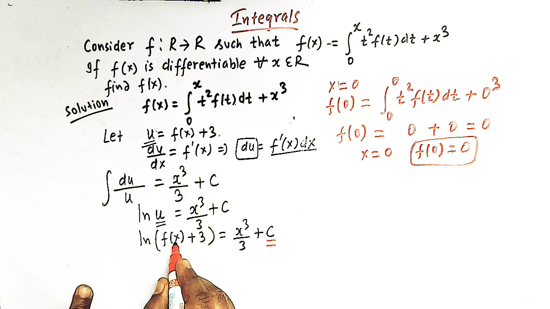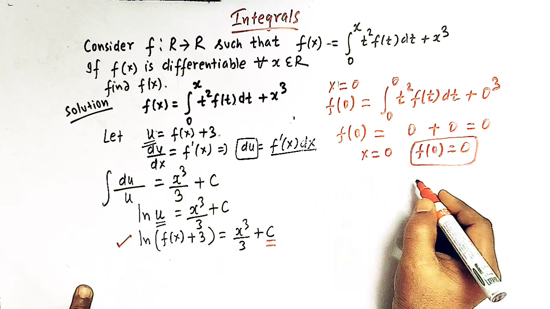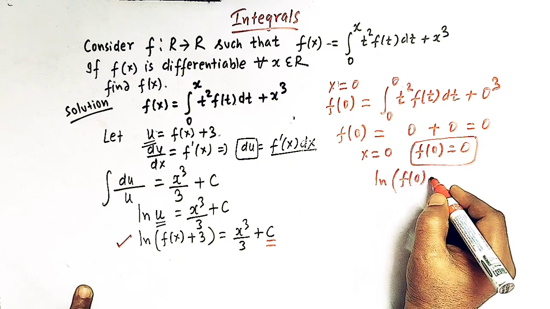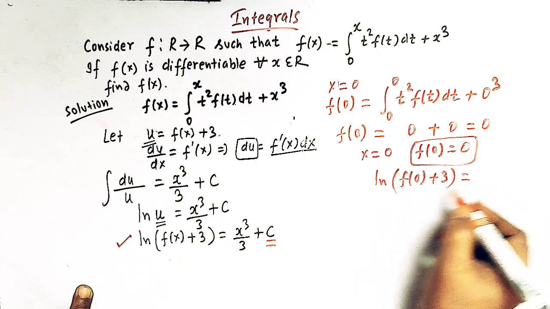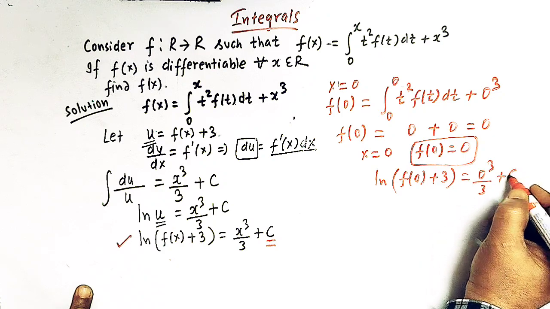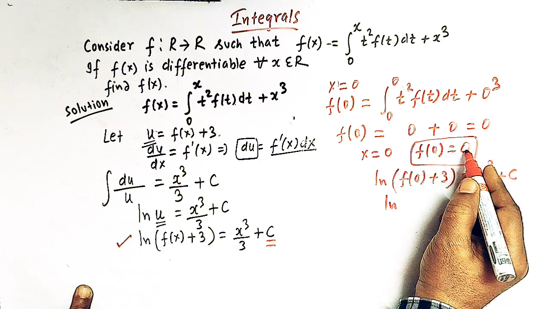So let us take x is equal to 0 in this equation. So we have now natural log of f of 0 plus 3, and here we have 0 cube over 3 plus c. Now natural log of f of 0 is 0.